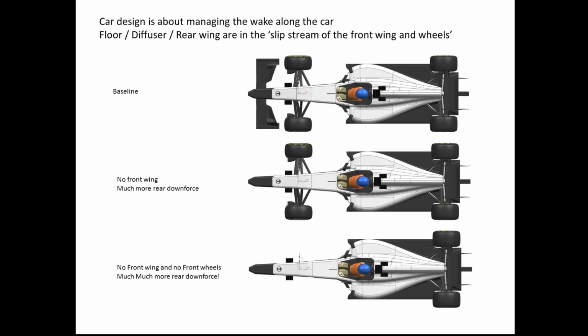This test has also been done on the track, and obviously you can't drive around in this configuration very fast, but in a straight line you can measure forces. So it's an interesting test to do.